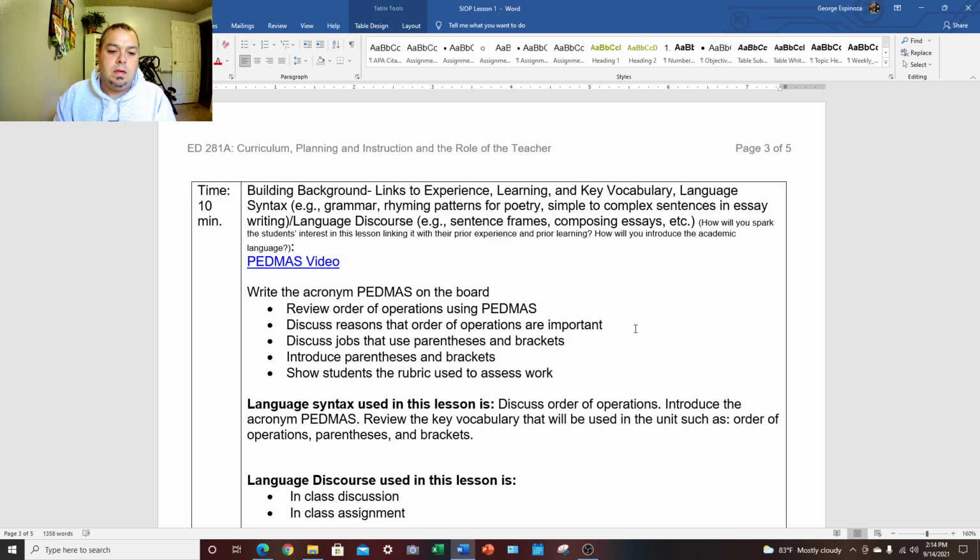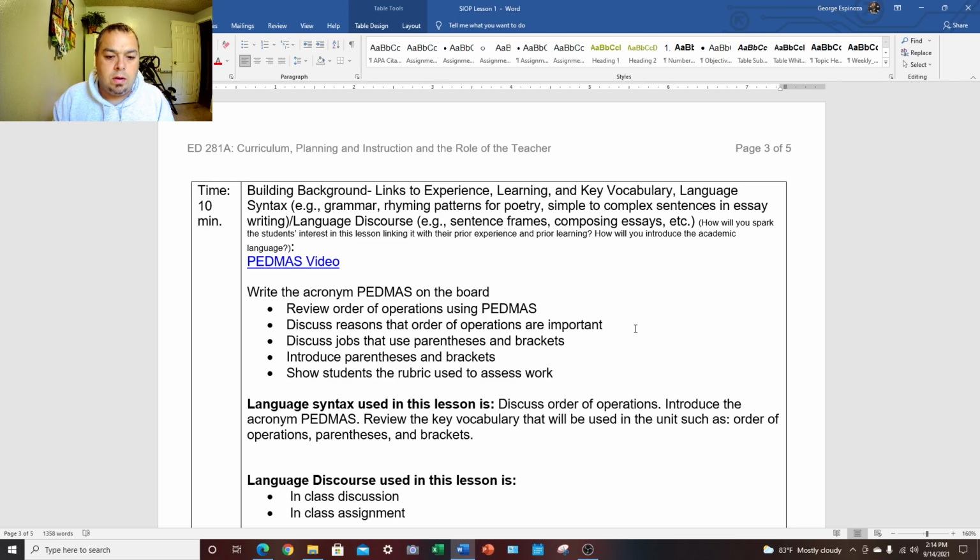Coming into this lesson, order of operations should be something that they're already familiar with, but I wanted to play the video to link this to something that they should already know, as well as to figure out what I need to cover again prior to moving on to something a little bit more complex like parentheses.